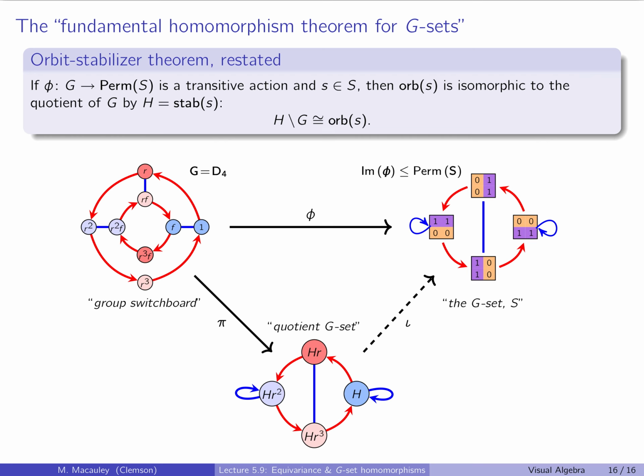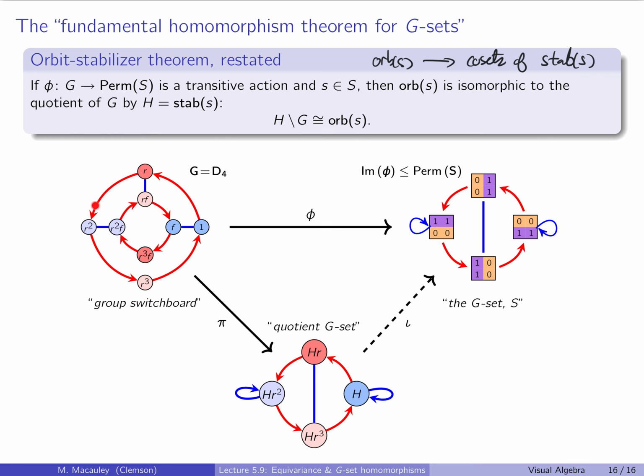So the orbit stabilizer theorem is this bijection between the orbit of S and the cosets of the stabilizer. But not only is there a bijection here, but I claim that these things are isomorphic as G-sets. So the quotient of G by the stabilizer is isomorphic to the orbit.